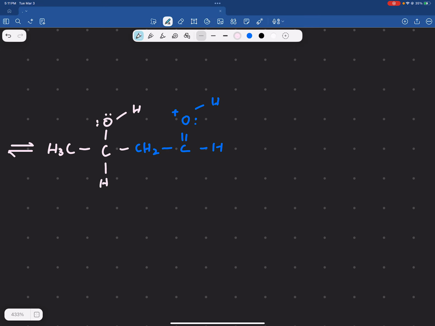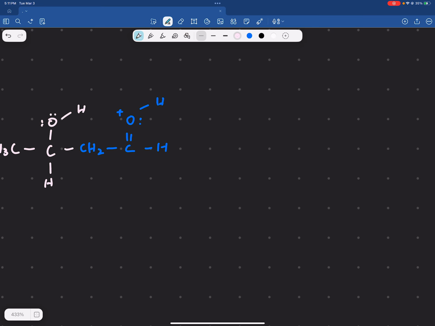And this, in the next step, is going to deprotonate through proton transfer. So the acid we had earlier is just going to come in and take away a proton.